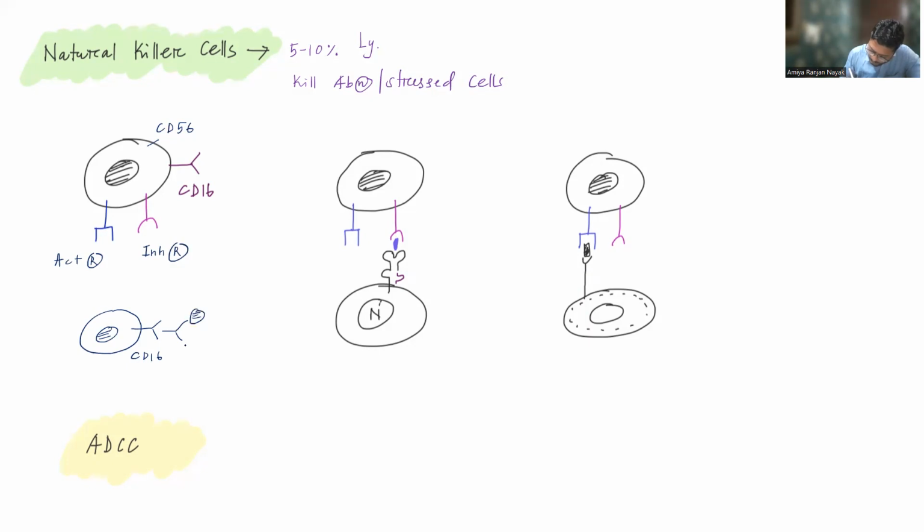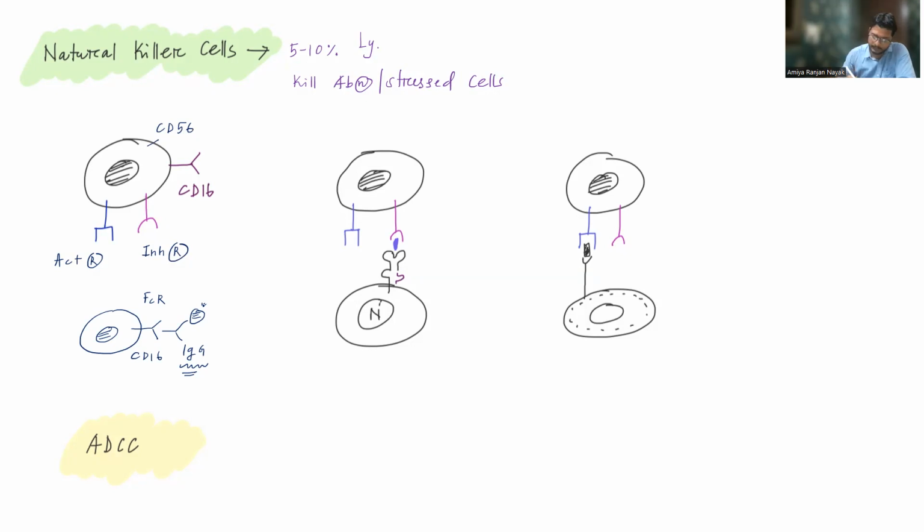Okay, so if you see, this is the immunoglobulin G. This CD16 is actually a receptor for the Fc component of immunoglobulin G. And this immunoglobulin G, as we have discussed previously, has an opsonizing property. That means it can bind to certain antigens and help in opsonization or phagocytosis of those antigens. Once these NK cells identify this immunoglobulin G, which has opsonized a particular antigen, they can come and destroy that antigen.